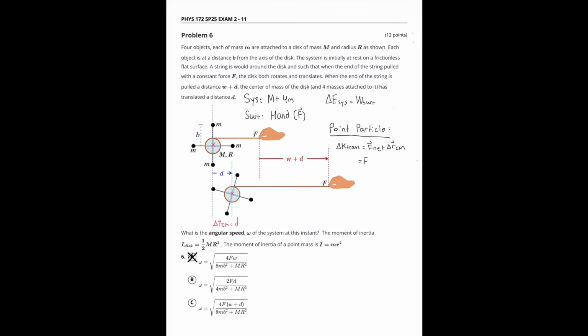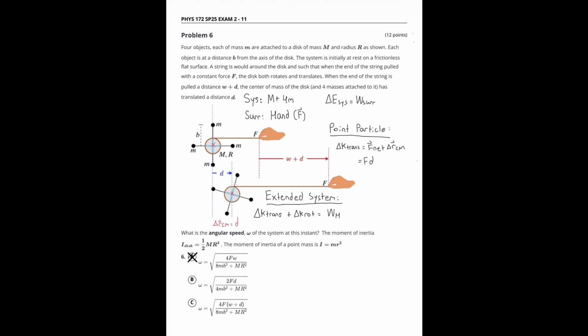So our translational kinetic energy is simply Fd. Now for our extended system, we can write this as the change in translational energy, which we just calculated, plus the change in rotational kinetic energy is equal to our work done by our hand, which I'll denote as a subscript of h.